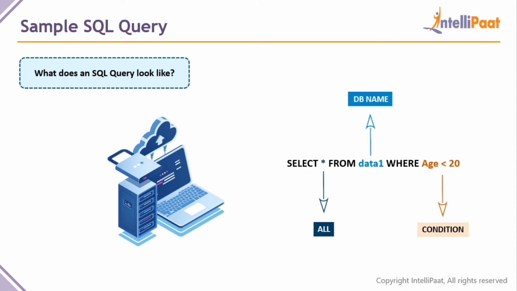Do you want to just see everything from data1? Well, no, I want to see some stuff from data1 where the age of a person is, let's say, we are talking about a table which contains details about a lot of human beings, college people, school people and whatnot. We just want to find out who are less than the age of 20.